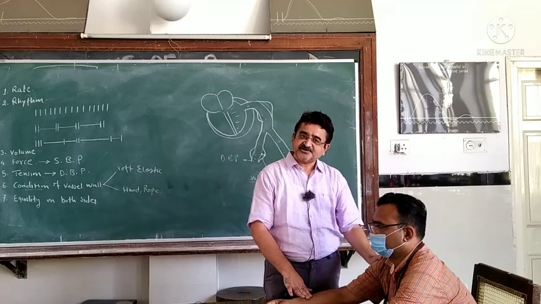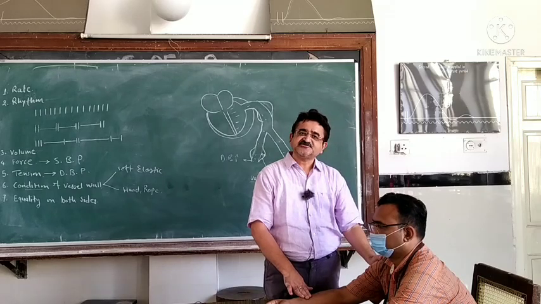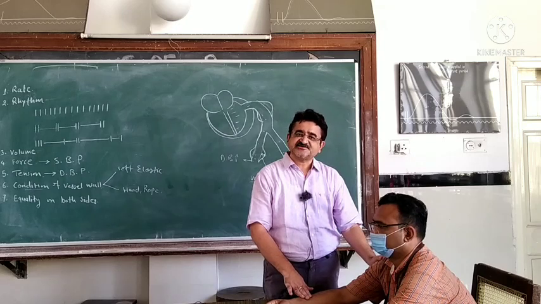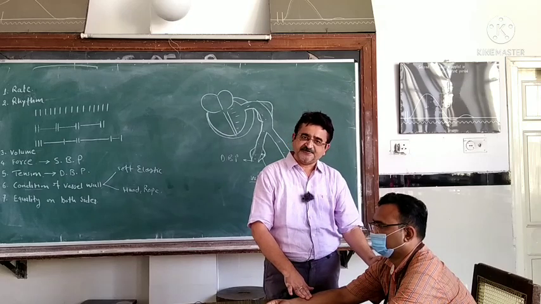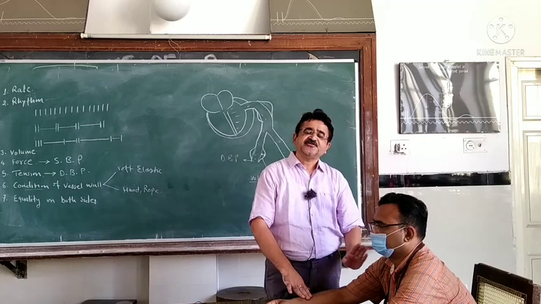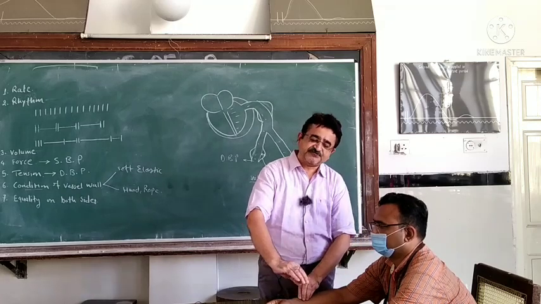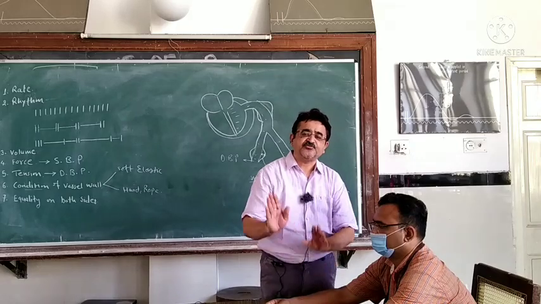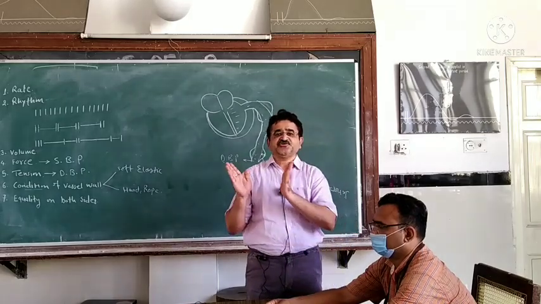The rhythm is regular, volume is moderate, the force is also moderate, tension is also moderate, the condition of the vessel wall is elastic and soft because it is not palpable, and the last one, the pulse is equal on both sides. This will be your report.